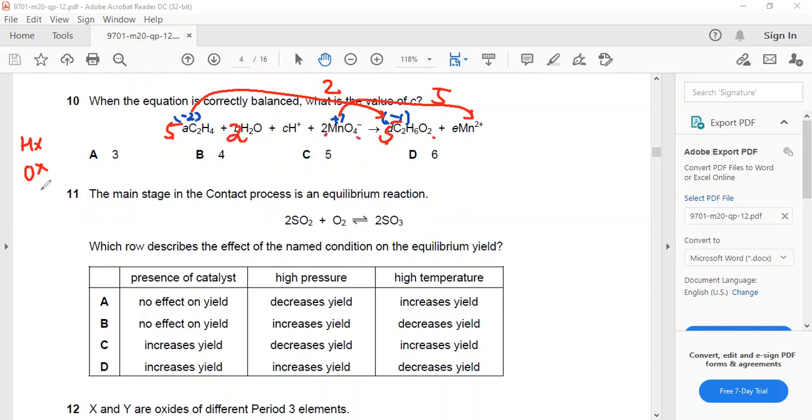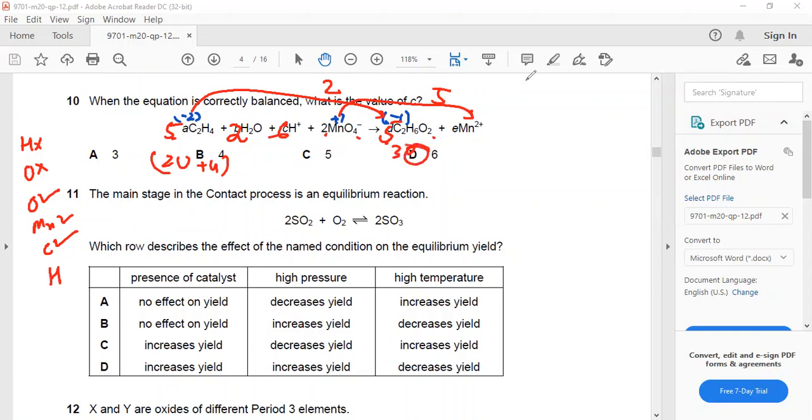Now oxygen, manganese and carbon are balanced. Now hydrogen is left. Hydrogen here is 5 times 6, 30. Here, 5 times 4, 20, and 2 times 4, 24. So how much is left here? 6. So D is the answer.